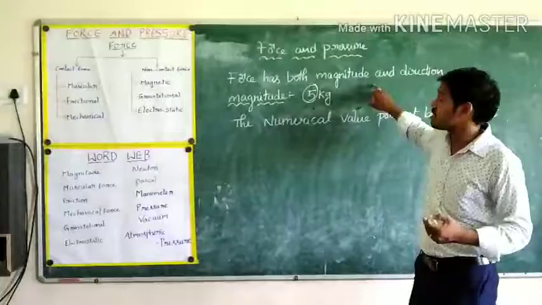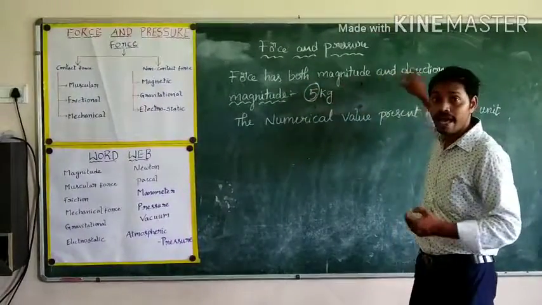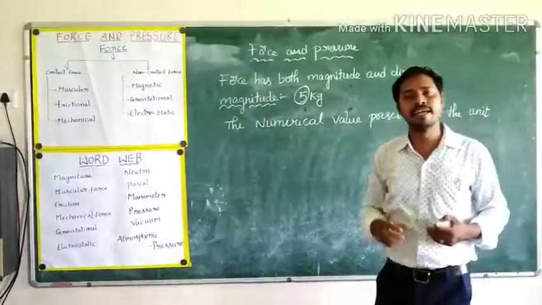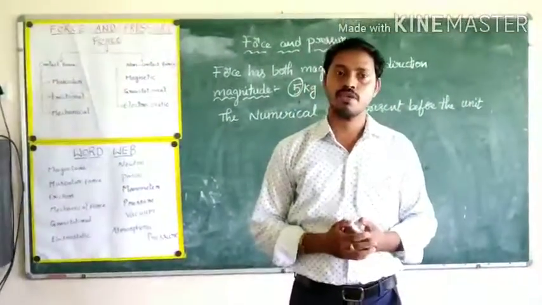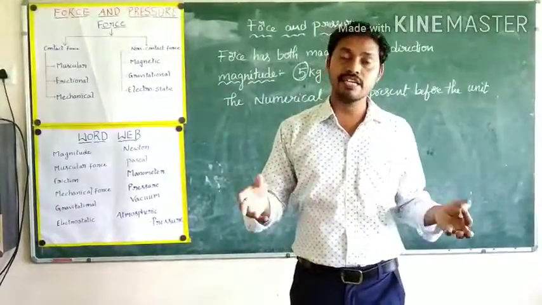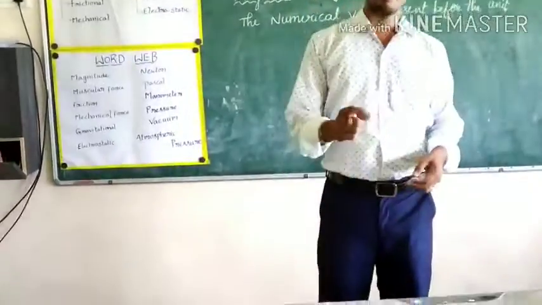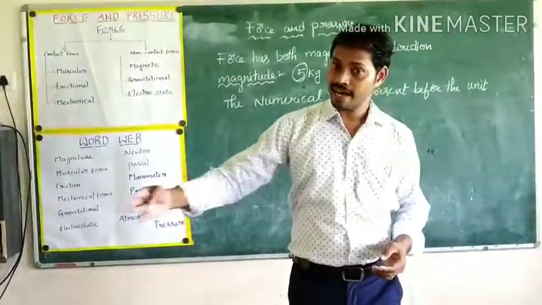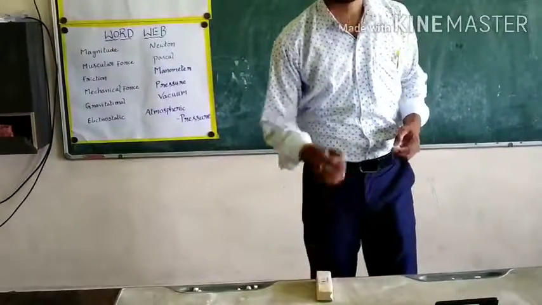Now we are going to discuss force. Force has both magnitude and direction. What is meant by direction? See the duster clearly. If we apply some force on the duster, in which direction will it move? Applied force to the right side, so it moves towards the right side.